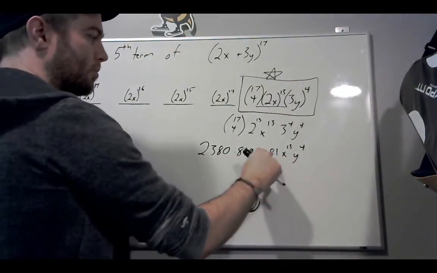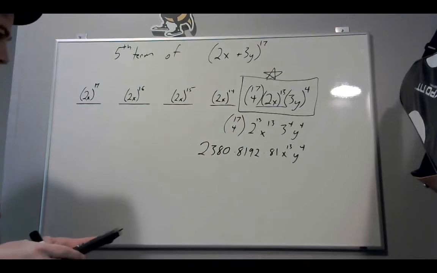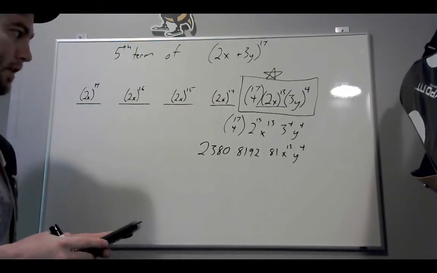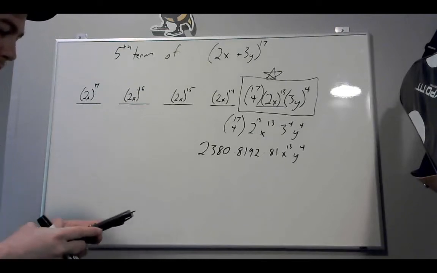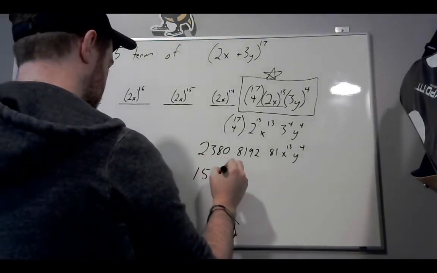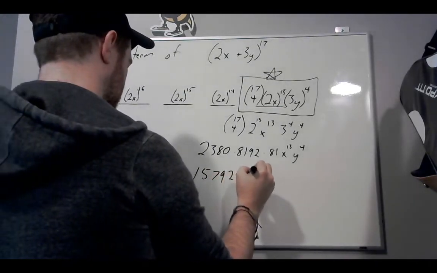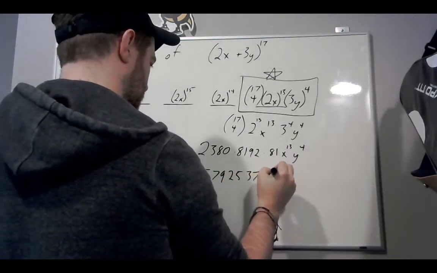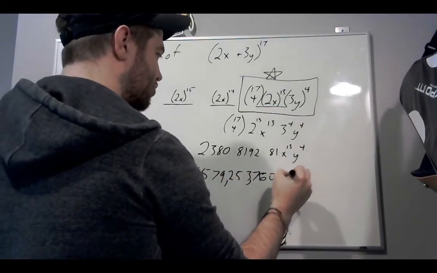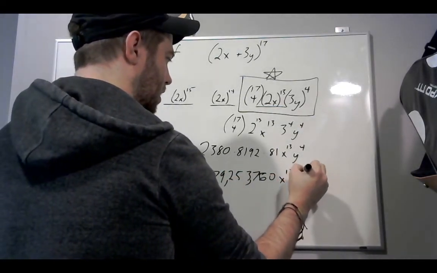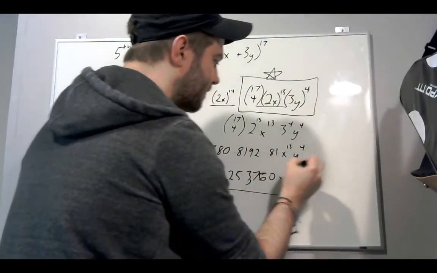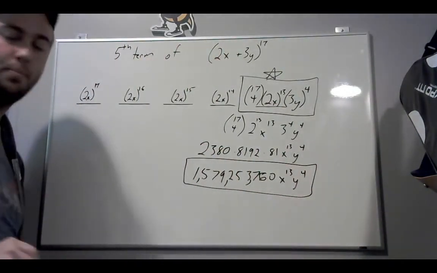So I just need to multiply those numbers together. So 2,380 times 8,192 times 81 gives me a huge number. And that's it. This right here is the fifth term of this expansion right here.